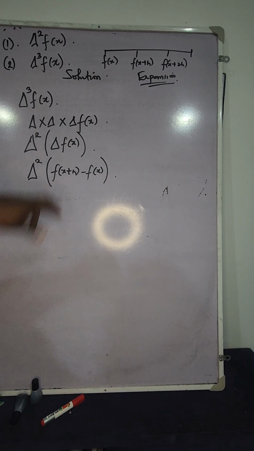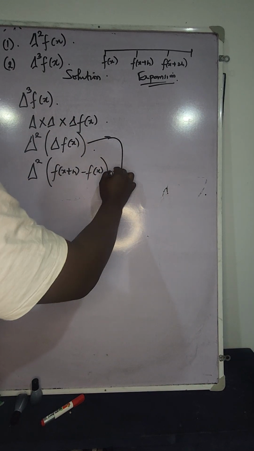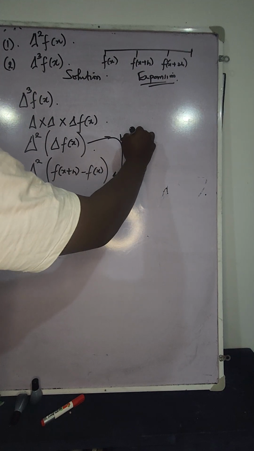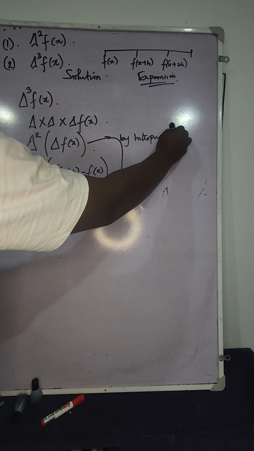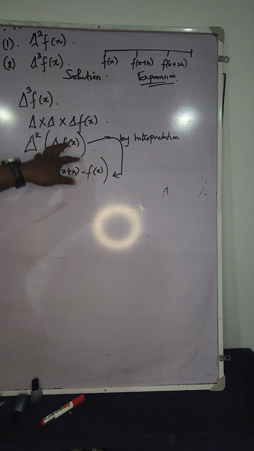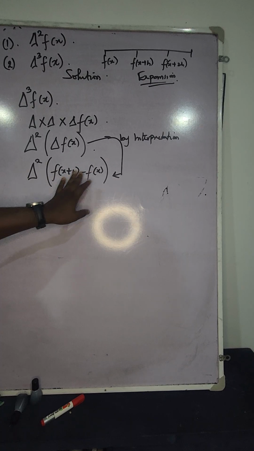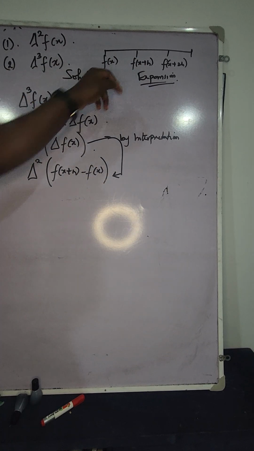I've opened this bracket. I've interpreted this. So when you say forward difference of f of x, what you have is f of x plus h minus f of x. Remember, where we are going to minus where we are coming from.